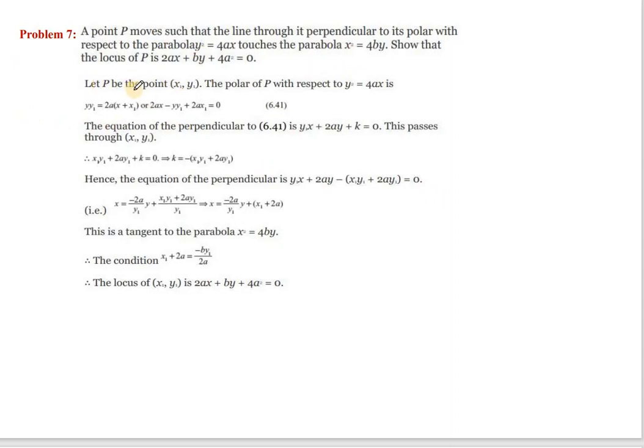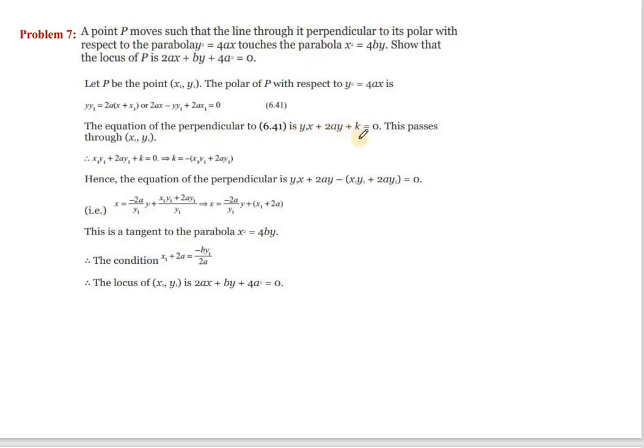So let P be the point x1, y1, then its polar is given by this. The equation of the perpendicular to this, and this passes through x1, y1. Otherwise also you can get the equation of this.